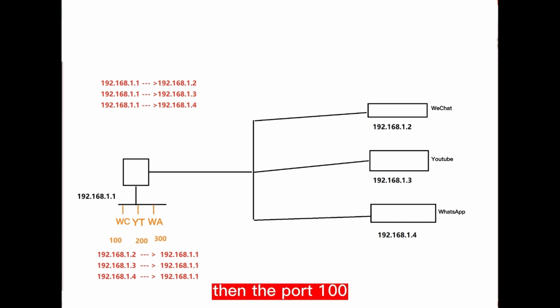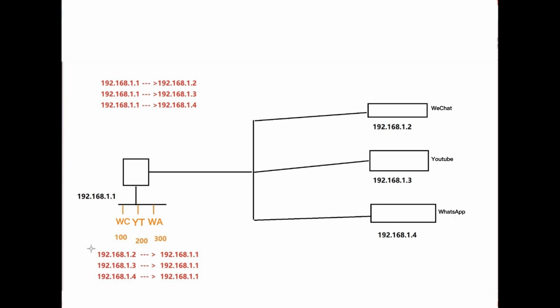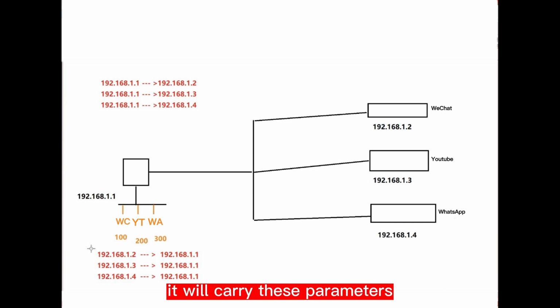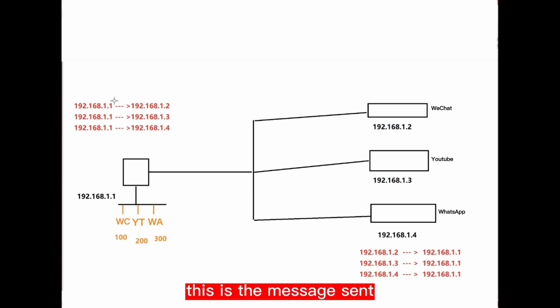Then the port 100, right on the PC, identifies the WeChat app now. Then 200 identifies YouTube. When the device is in data communication, it will carry these parameters. Please pay attention. This is the reply packet. This is the message sent.